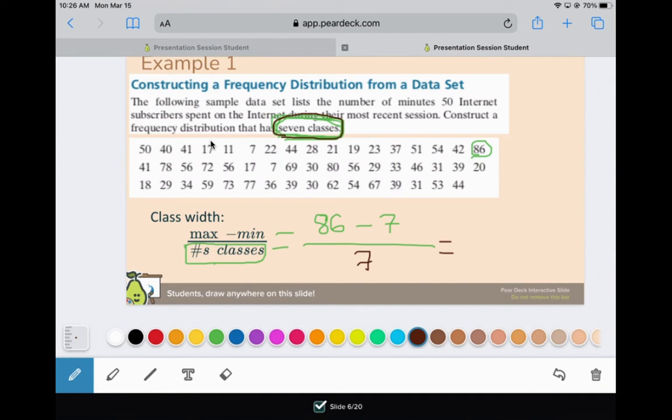So 86 minus 7 gets me 79. Divide by 7. So 79 divided by 7 would give me 11.285.